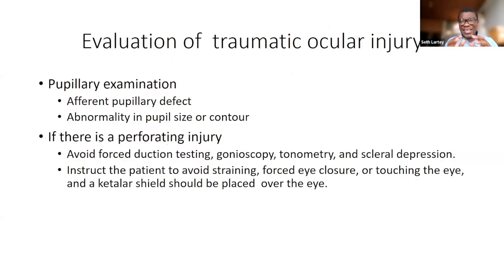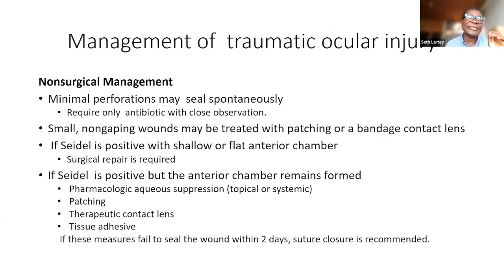During your evaluation of any ocular injury, you must examine the pupils, look for afferent pupillary defect and abnormalities of the pupils, and you must also rule out any systemic injuries that are life-threatening. But also you must avoid any procedure that causes pressure on the globe, like gonioscopy, force duction test, and so on. Avoid all of those things, right?